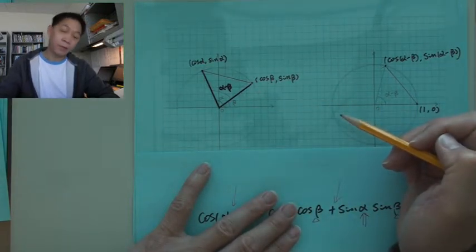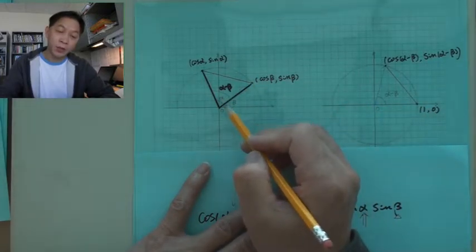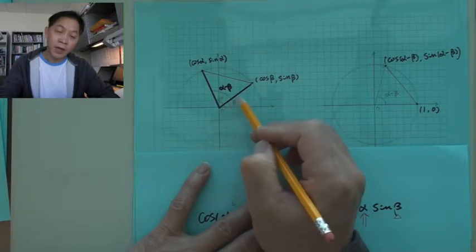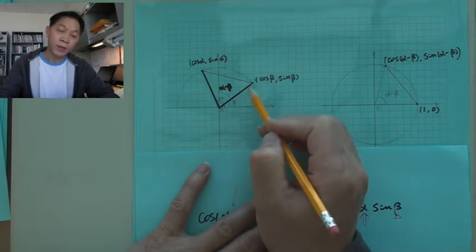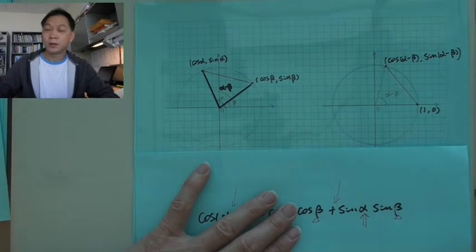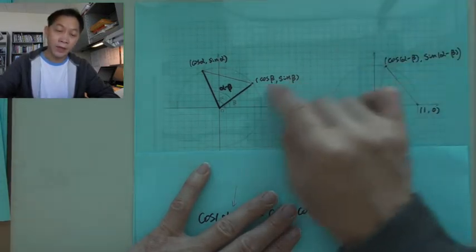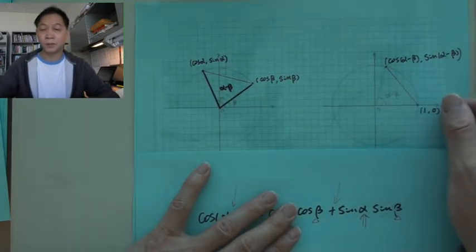Now then, I think you agree the difference, alpha minus beta, is this angle, the one I highlighted. Now I want to move this angle, this black angle, alpha minus beta, to here.